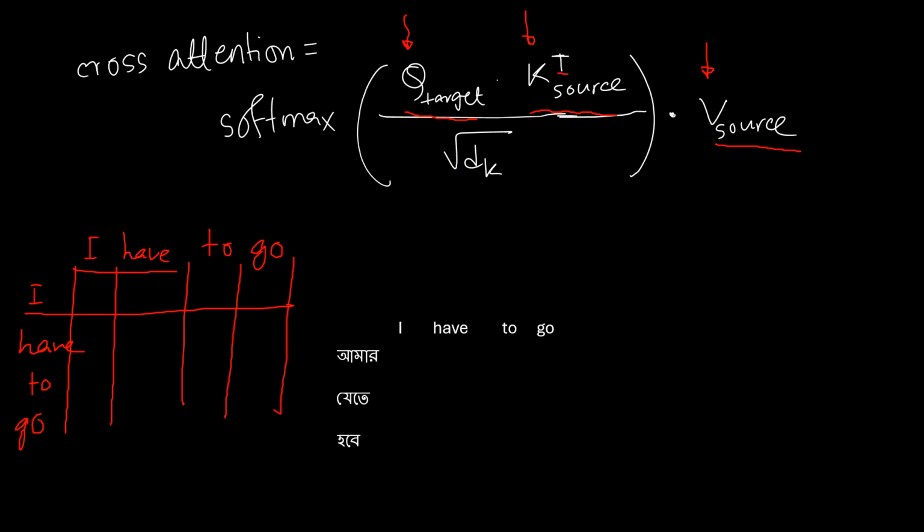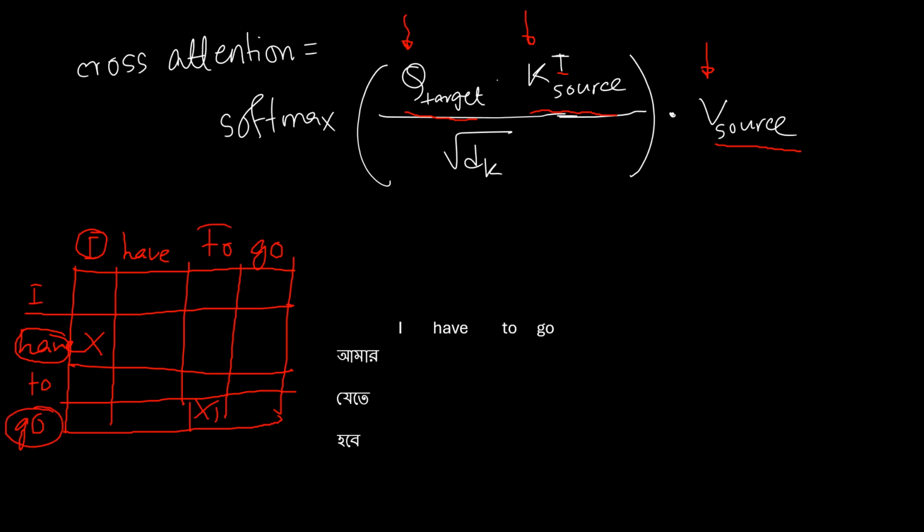So the self-attention matrix coming out for this sentence would be a 4x4 matrix. And if I asked what this element meant, it would mean the attention between the word have and I. What this element would mean is the attention between the word go and to.